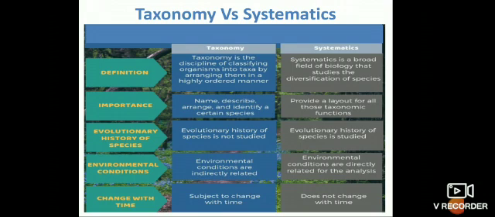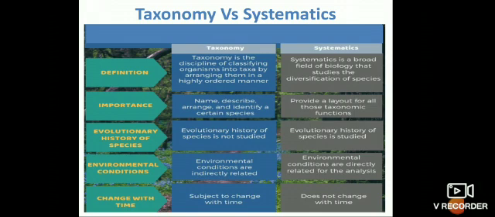Coming to taxonomy versus systematics. We have already seen what systematics is. Now we are going to see the difference between taxonomy and systematics. Based on the definition, taxonomy is the discipline of classifying organisms into taxa by arranging them in a highly ordered manner.